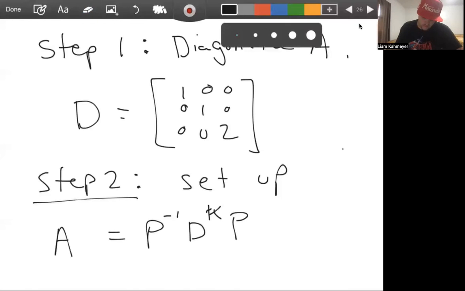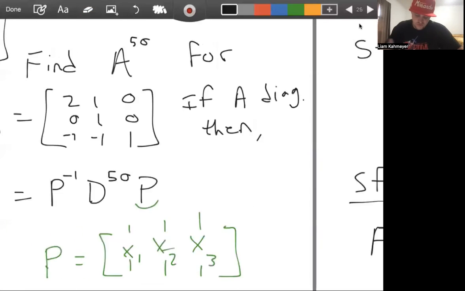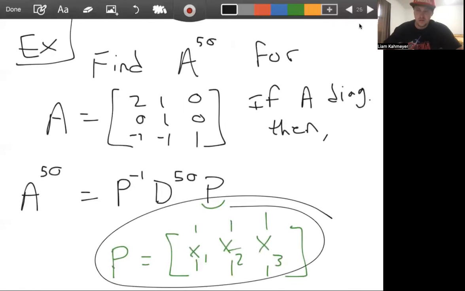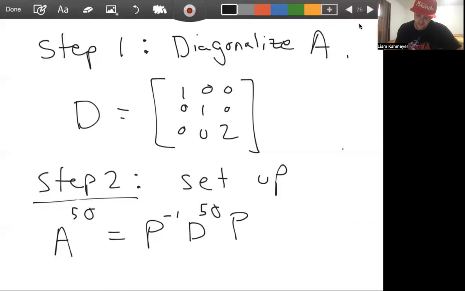So let's just say A to the 50th equals P inverse D to the 50th P. Under the assumption that we did the computation to find eigenvalues and eigenvectors, you have to do that to figure out what the invertible matrix P is, and then the eigenvalues tell you what D is.